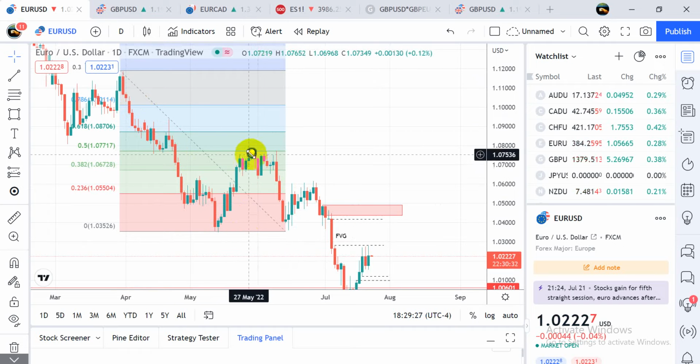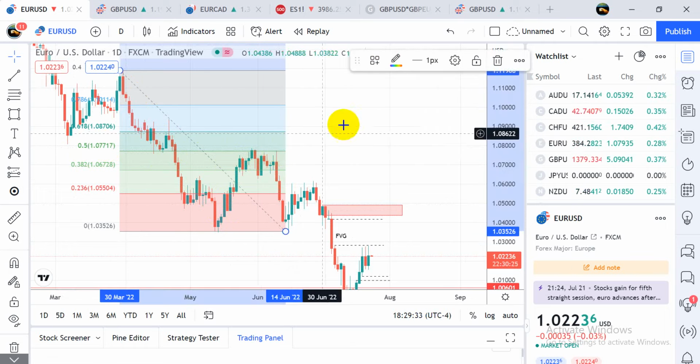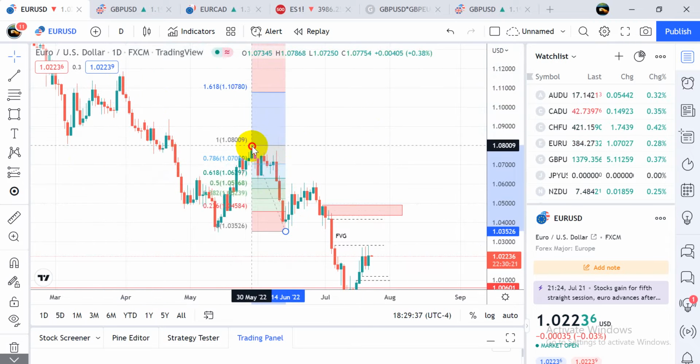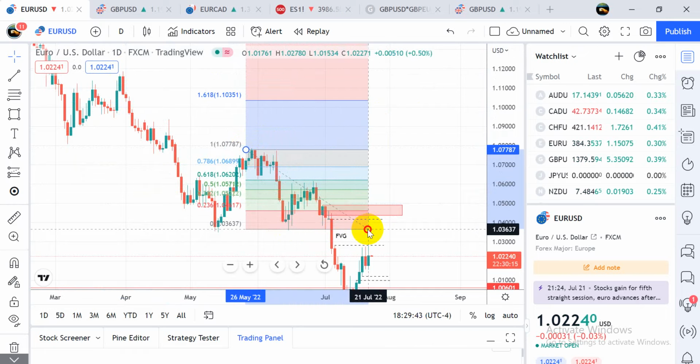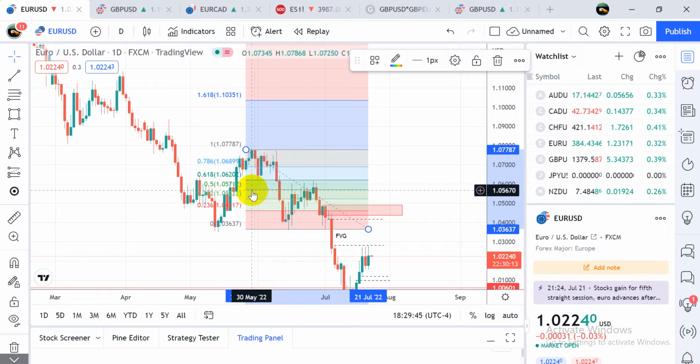Given this swing, we can see a 50% pullback here. Okay, let us check this swing, this high to this low. What do we have here? 50%. You can see how price respected the 50% level.